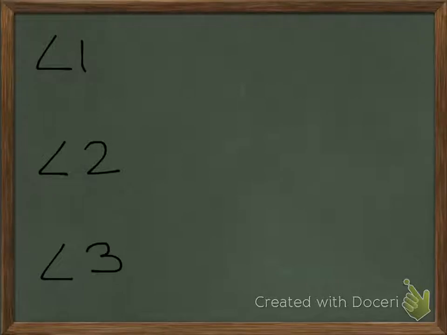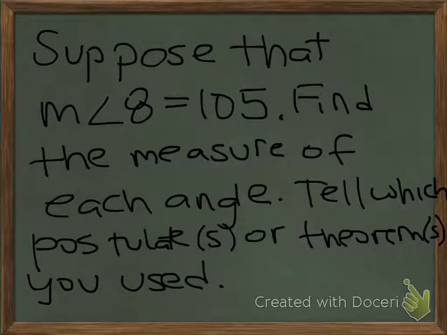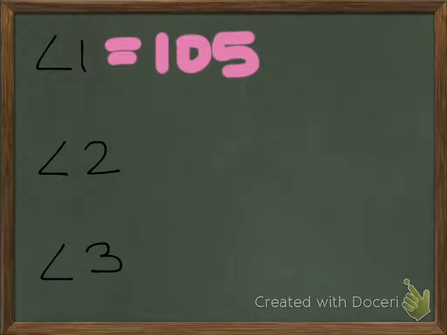Angle 1, we go back to our diagram. Angle 1 is in the corresponding angles position, so it would be congruent to angle 8. That would be 105 as well. Since it was in the corresponding angles position, we're going to use postulate 3.1, the corresponding angles postulate.